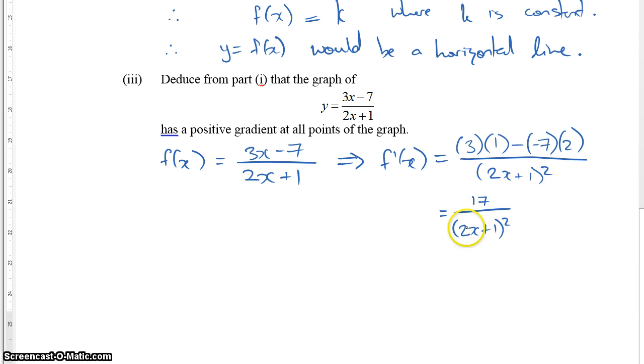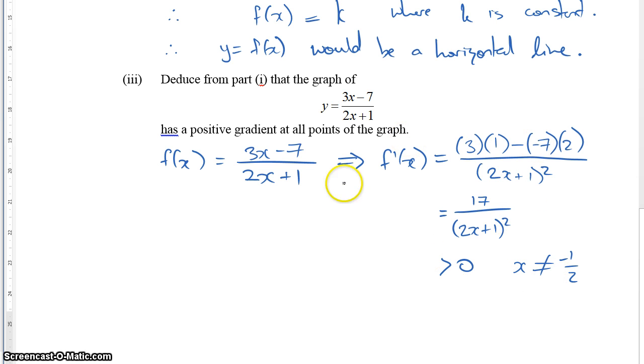And if you look at this, well, what do you see? Well, 2x plus 1 squared is always bigger than or equal to 0. 17 is bigger than 0, so this whole thing is bigger than 0, so long as x doesn't equal negative a half. If it equals negative half, you get positive infinity, which is not a number. So we couldn't say it's bigger than 0, even though, logically speaking, you might want to.